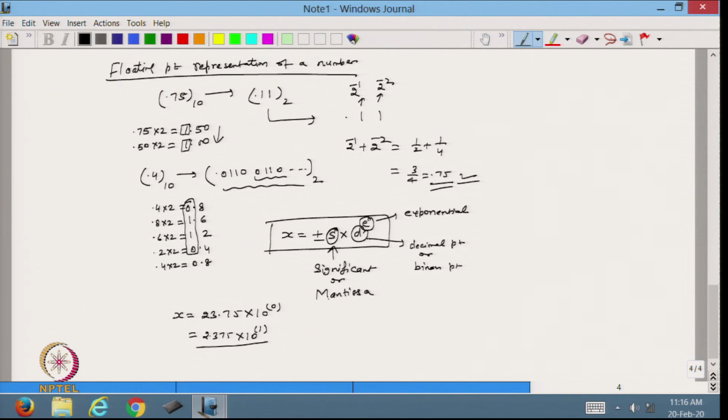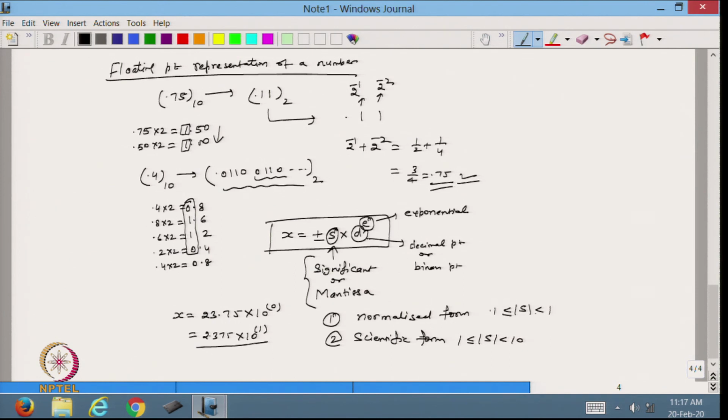There are 2 forms that are well accepted all over the world. The first one is the normalized form, and another is the scientific form. The normalized form is where the value of s always lies between 0.1 and 1, and in the scientific form its value is from 1 to less than 10.